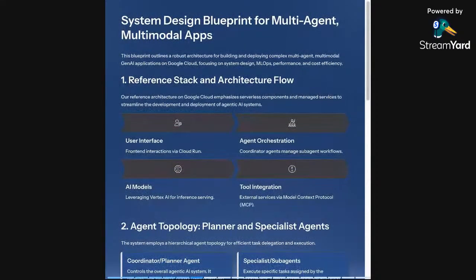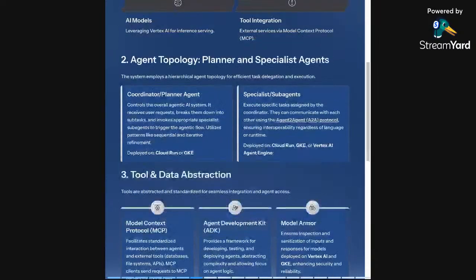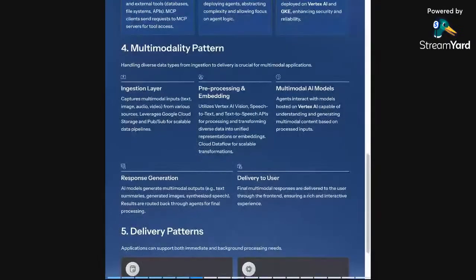The system design blueprint is all about how we use the interface, AI model, agent orchestration, and tool integration behind it. When I talk about this planner, as we discussed last time, we have different patterns and topologies. We can have an ingestion layer, pre-processing through embedding that gives different context, and speech-to-text and text-to-speech APIs for processing those diverse data.